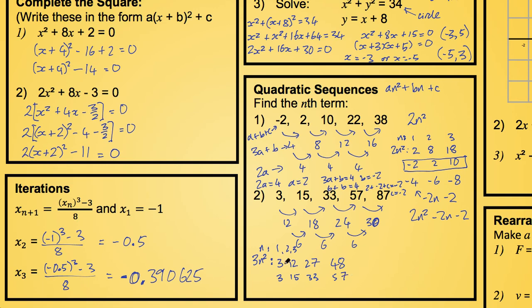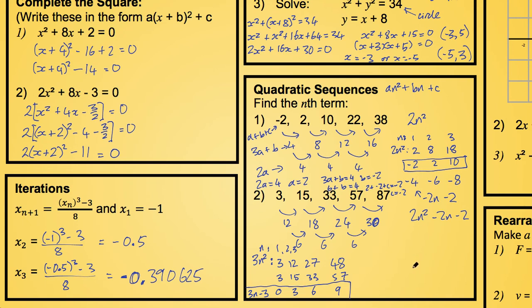And I'm saying, how do I get from this sequence that I know is involved, 3n squared, to this sequence? This one I'd added 0, this one I'd added 3, this one I'd added 6, this one I'd added 9. So I can see that this sequence here that I need to add to that one is the sequence 3n minus 3, just using what I know about linear sequences.